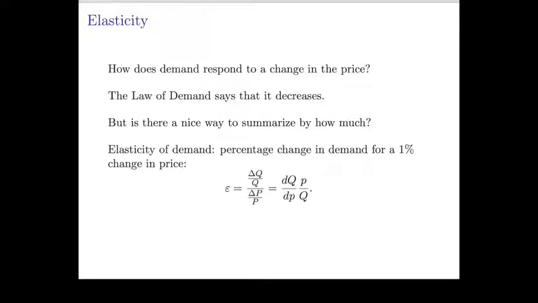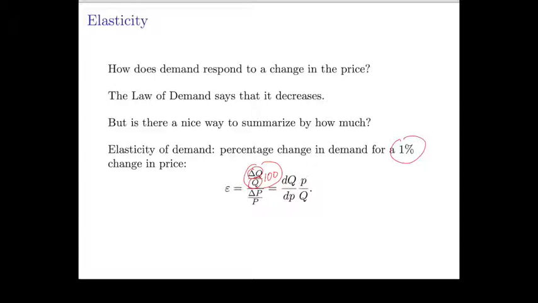Elasticity is the percentage change of demand per percentage change in price. So if there's a 1% change in the price, how much is the demand going to change as a percentage? Now, the percentage change in demand is, of course, the change in demand divided by the total demand times 100.